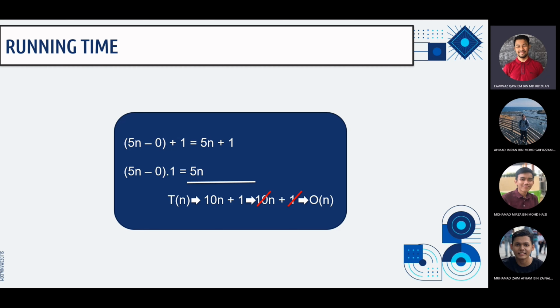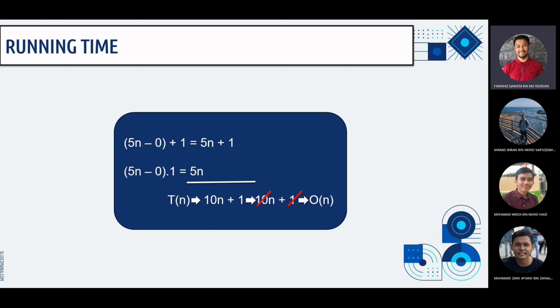So the first, for the line 22, I got 5n. 5n minus 0 plus 1 equals 5n plus 1.